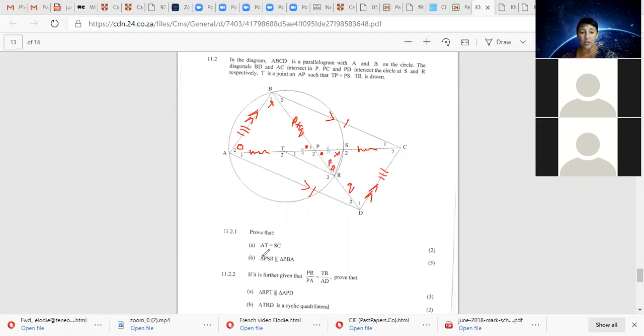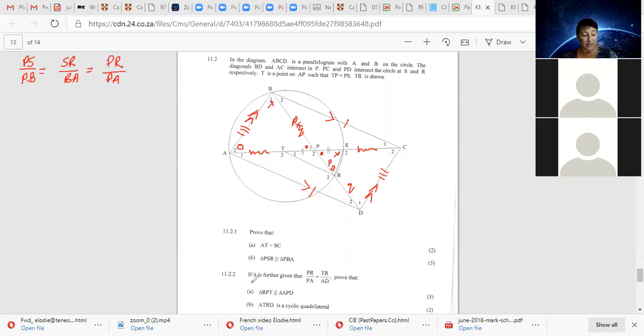So it will be PS over PB equals SR over BA equals PR over PA. So that follows from similarity, and you just keep it there because you're thinking, well, maybe I need it later.